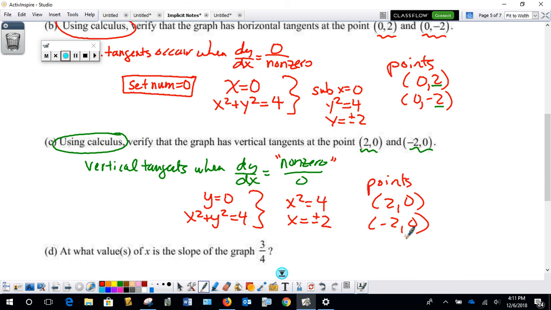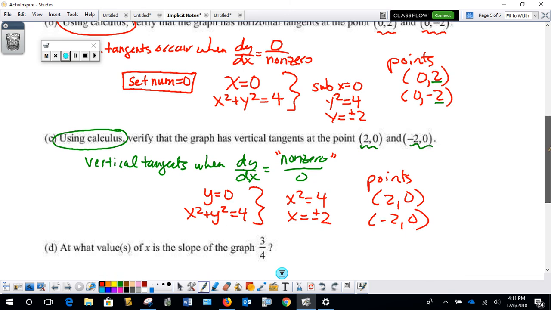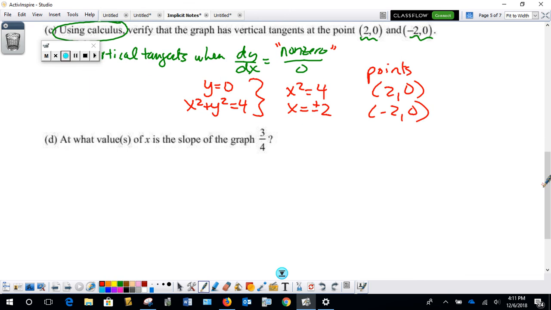Right. Now, the next thing that you could do is something like, at what value of x is the slope 3/4? So they're asking me to set dy/dx equal to 3/4, or x over y equal to 3/4. And the first mistake that you guys make is you tell me x is 3 and y is 4.